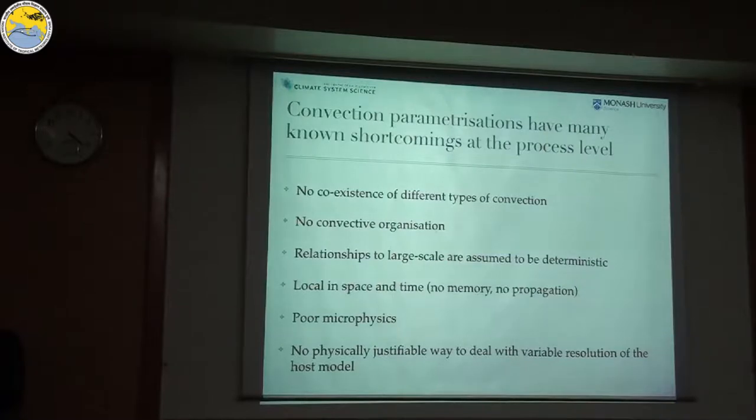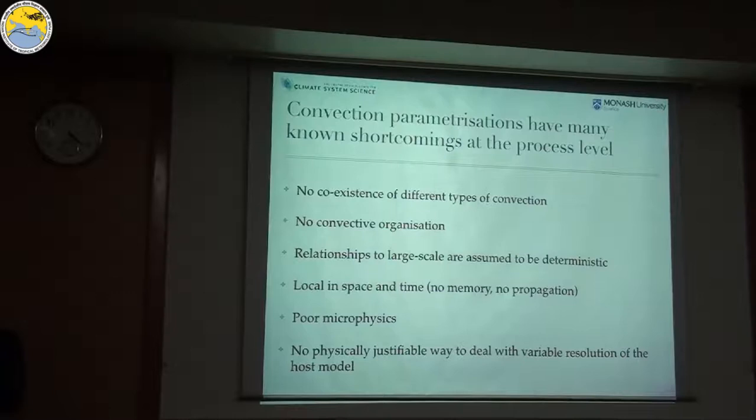We've seen in several parts of the lecture series how important the organization of convection is. It changes everything. It changes the heating structure of the convection, it changes how it transports properties around, it changes the amount of rain that falls, it changes how long the systems live. And yet there's not one GCM on Earth that has a good representation.